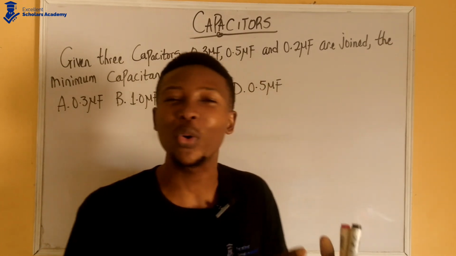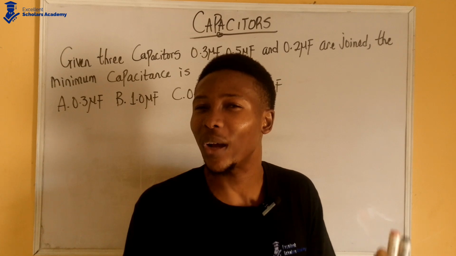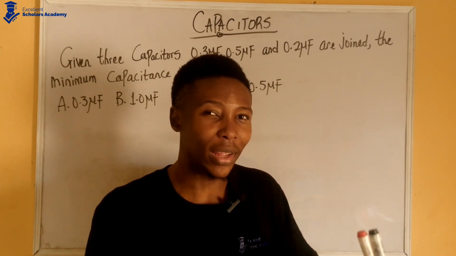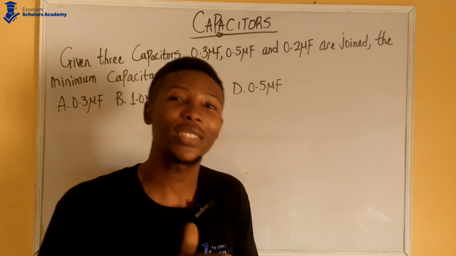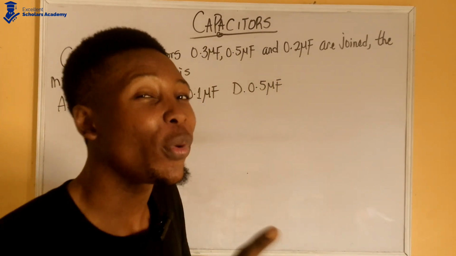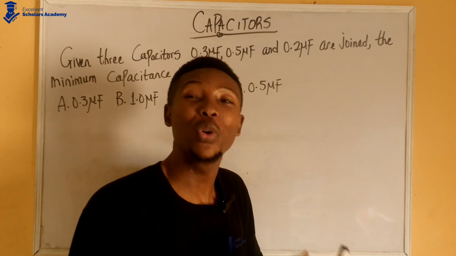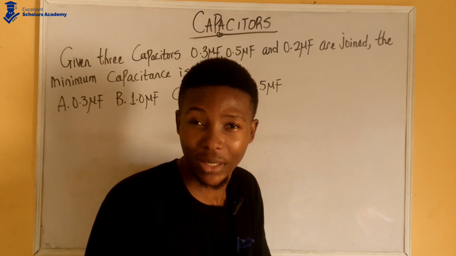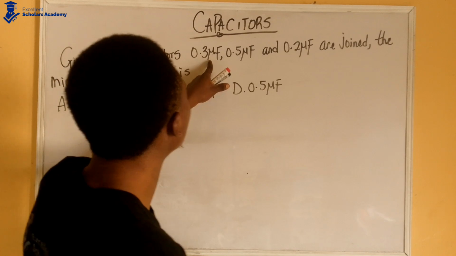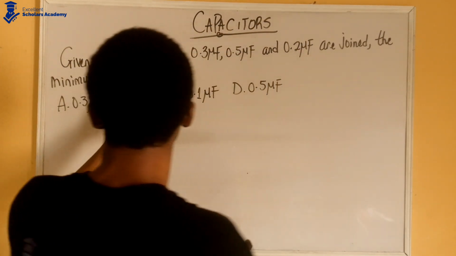Don't forget that when capacitors are connected in parallel, you add them. That means when you connect them in parallel, you are increasing the capacitance. But when you connect them in series, you are reducing the capacitance. All right, you're going to get the minimum capacitance, meaning that we have to combine this in series to get the minimum capacitance.